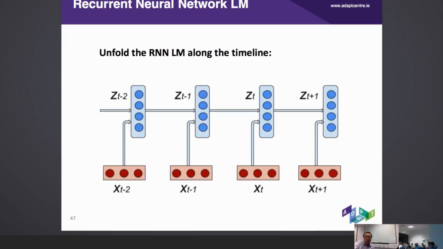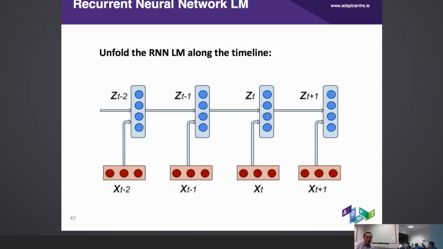We also update the current state and output it to the next step. By this, we can not only calculate the probability of each sentence, but also have a vector to represent the whole sequence.